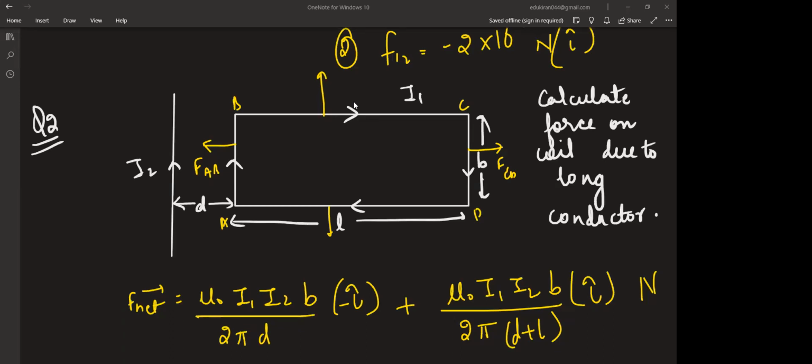You keep the direction of your hand along the direction of current. You will curl your fingers towards the wire second. Now what will happen when you are curling your fingers towards the wire second? The thumb is pointing up. Force is upwards, right? And similarly, it would be downwards for it.